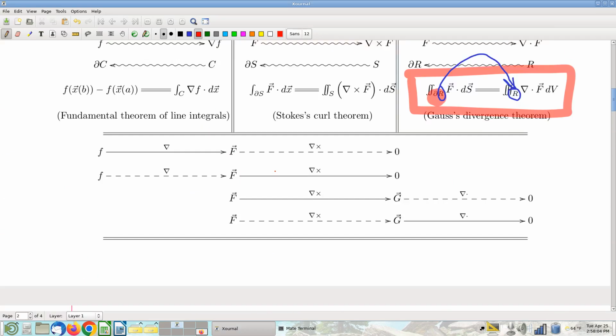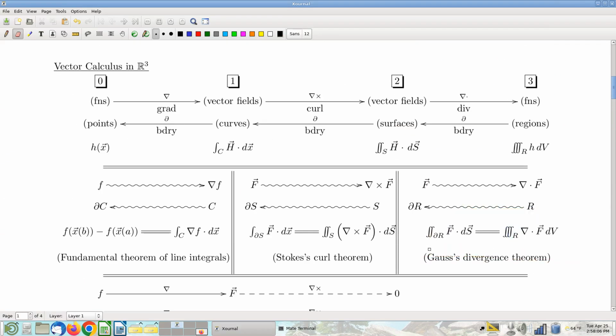Again, looking back to the diagram. Here's Stokes's curl theorem, and notice very conspicuously, in order for the Stokes's curl theorem to apply, we need our curve to be a boundary of a surface. Again, not just as a formality, but because that surface whose boundary is our curve, we need it to be the domain of our new flux integral.